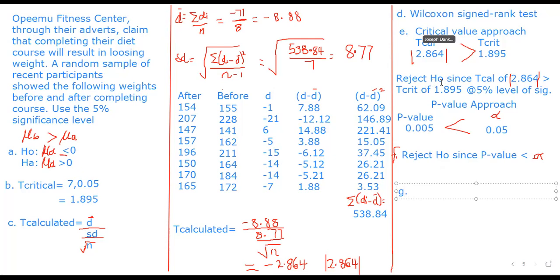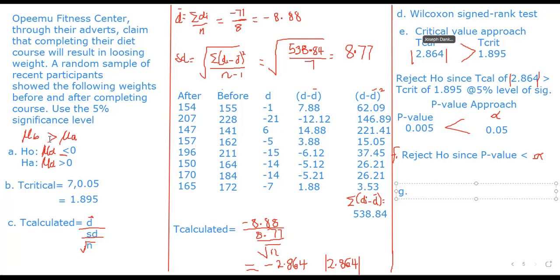You should reject H0, right? And what was HA saying, and what was H0 saying? The H0 was saying that participants did not lose weight, because their before is less than or equal to the after. That's the H0 here. And the HA we formulated says that before will be greater than after. So here, the after was less than the before.